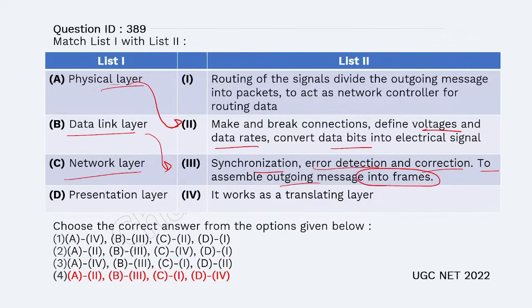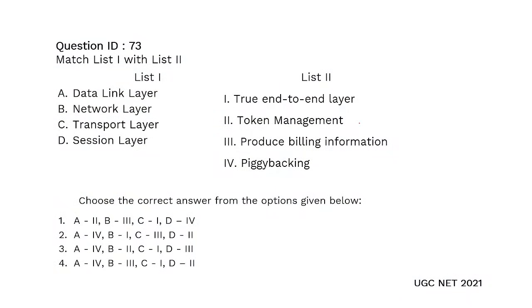Next is the network layer. The network layer works with routing of the signal and divides the outgoing message into packets. The presentation layer works as the translating layer: translation, encryption, decryption, encoding, decoding, all the translation goes on in the presentation layer. Now tell me what will be the answer for this one.